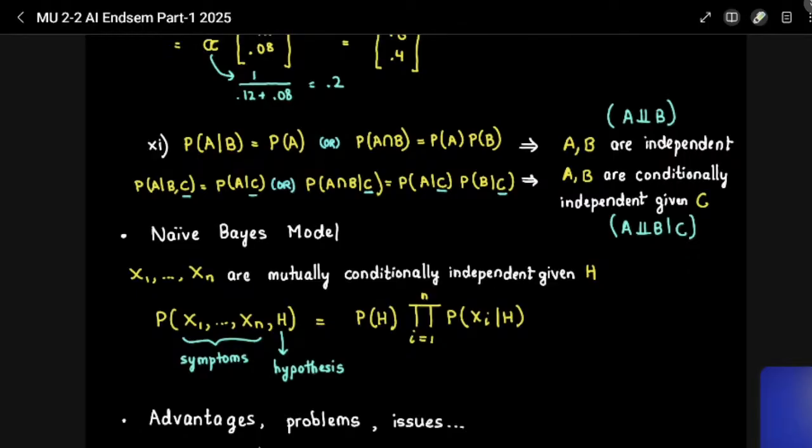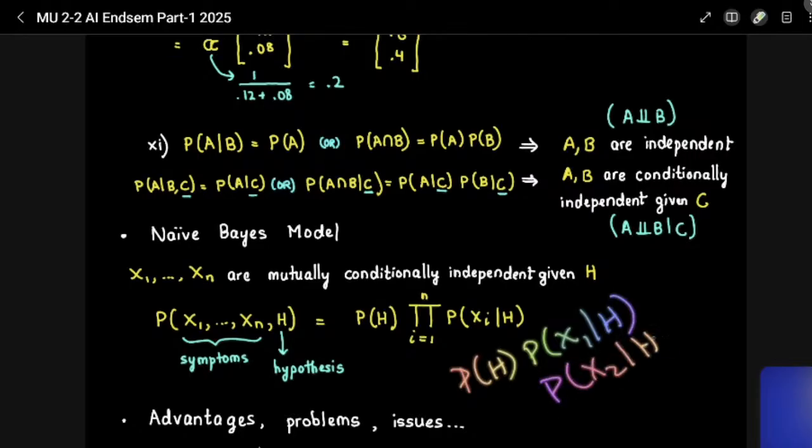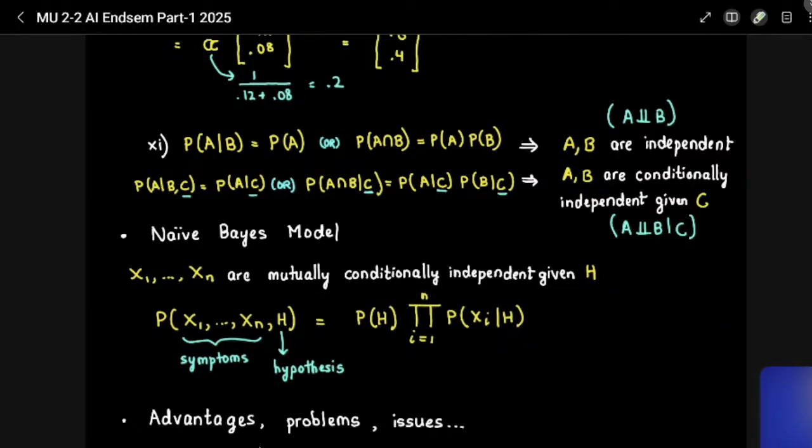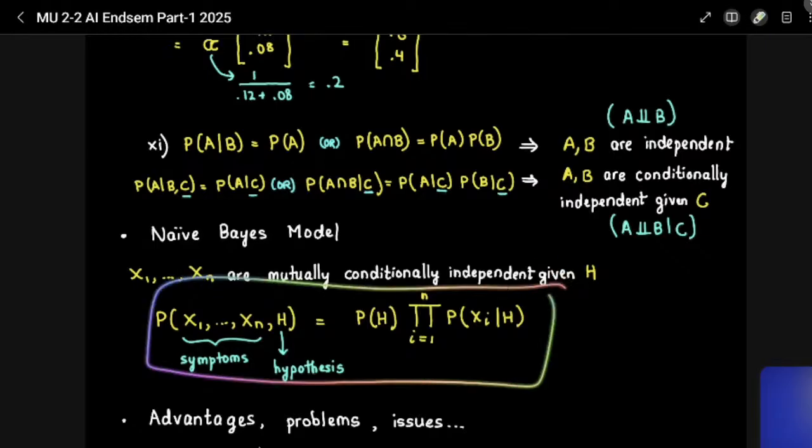The formula is nothing but the probability of h into the product of all this xi given h. So it will look like this: probability of h into probability of x1 given h into probability of x2 given h, and so on till probability of xn given h. This is naive Bayes model. The assumption is that x1 till xn are conditionally independent given h. Given this assumption, this formula will work.